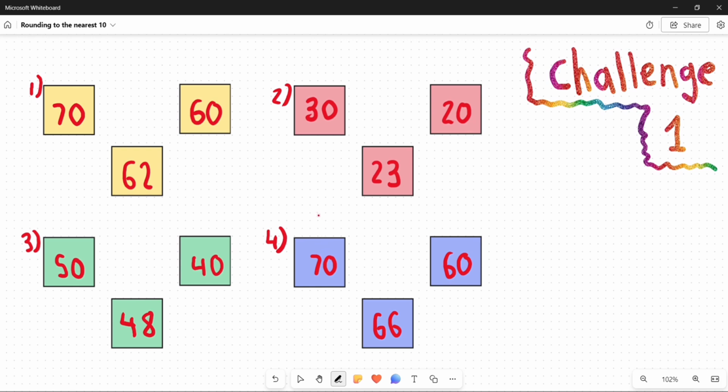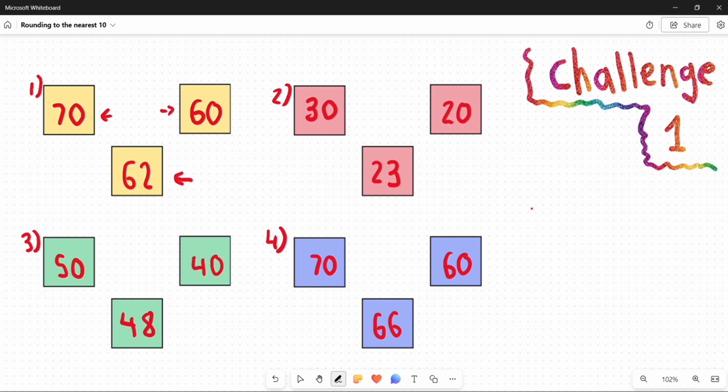We need to look at the numbers in the boxes below these 2 boxes, and then we have to find out whether we should round up or we should round down. This is where we'll put the numbers that we learned about in the discovery room into practice.